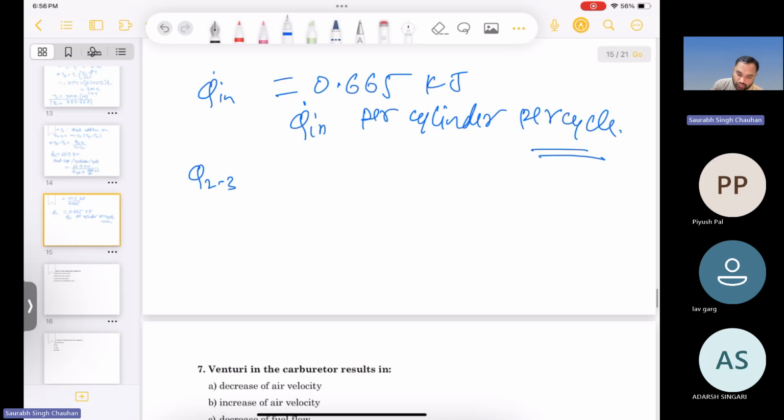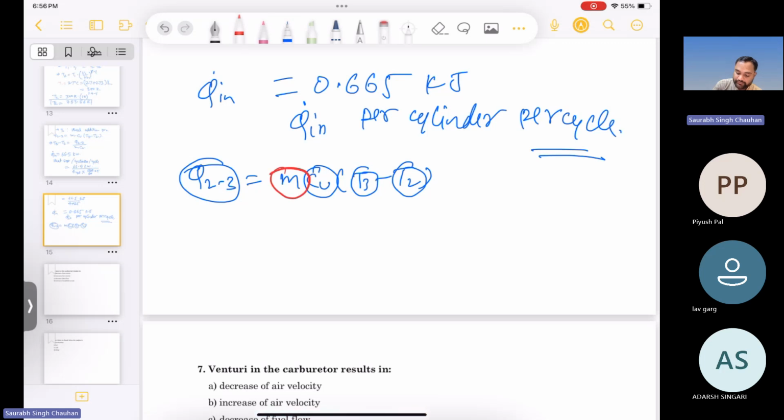So Q 2 to 3 is mCV times T3 minus T2. This we have already discussed, right? Now we have CV, it is given. T2 we have. T3 we have to find. Q we have got. Now the only thing left is m, right? We have to find m.